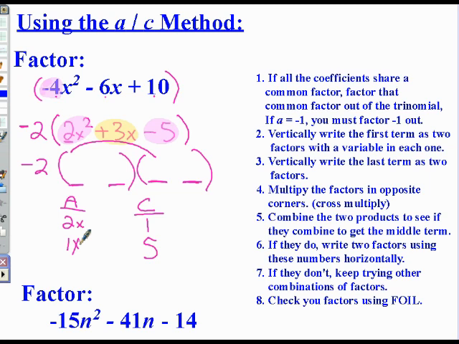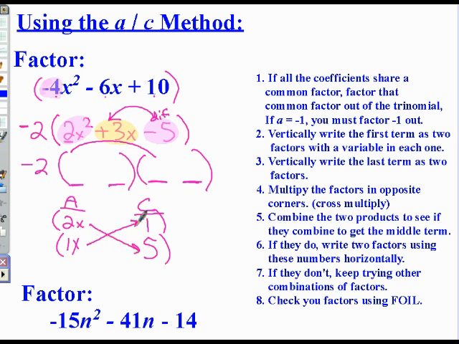So I think I might have a binomial, 2x paired with 1 in the same binomial and 1x paired with 5, and we'll worry about the signs later. I know that the signs are going to be different because your c term is negative, and we're looking for factors of your inners and outers that will combine to positive 3 or have a difference of 3. To get your inners and outers, we can do our cross products here.